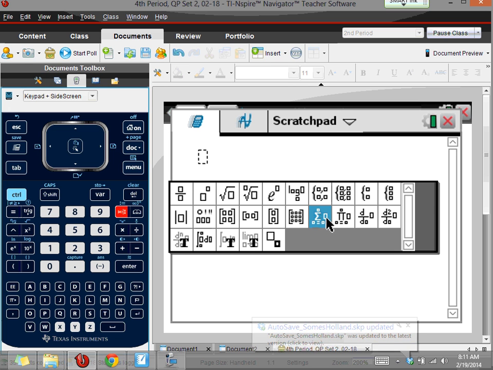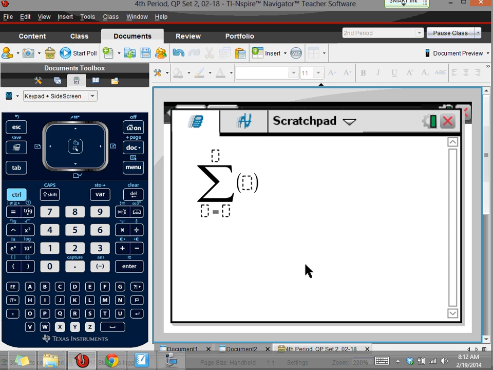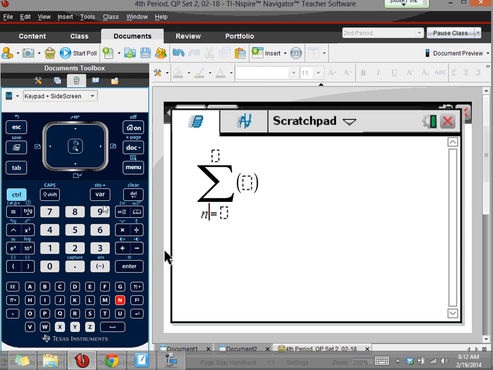Find your sigma. As n goes from 1 to 7. All I'm doing is the number 1.